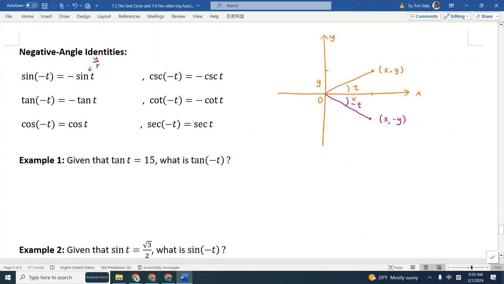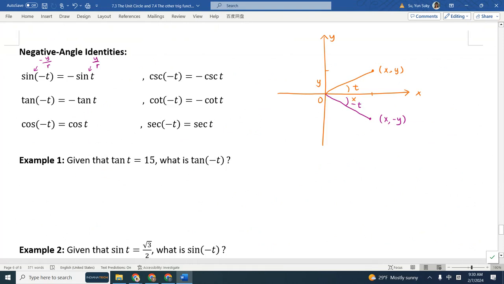So for sine of negative t, I actually get negative y over r. Therefore, sine minus t is negative sine t. Is that okay, everybody?